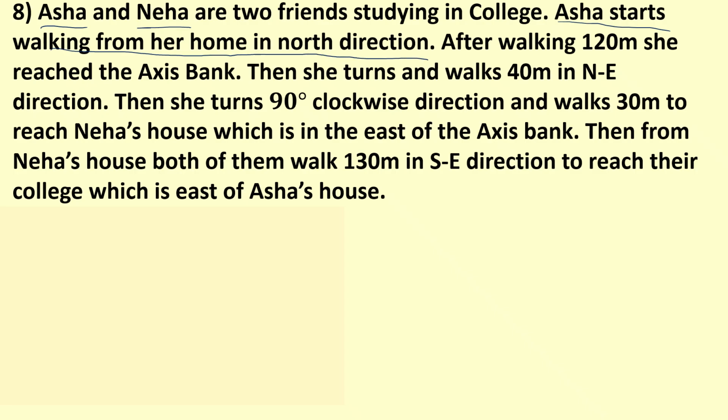Suppose Asha is here, and this is a home or you can say house. She starts walking from home in north direction. After walking 120 meter, she reached the Axis Bank.